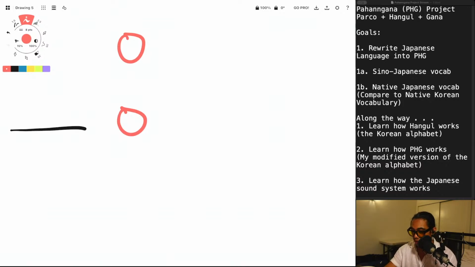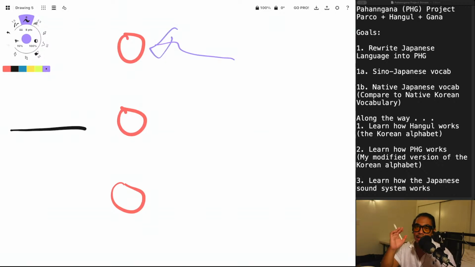I need to explain how Hangul works. The Hangul circle, when it is the initial, the first letter in a character compound, is basically a placeholder. It doesn't mean anything, you don't pronounce it.